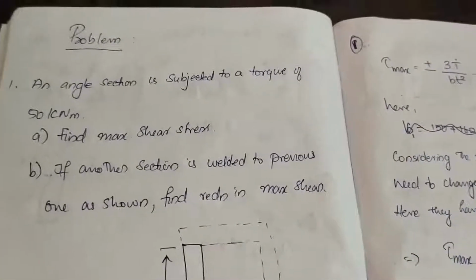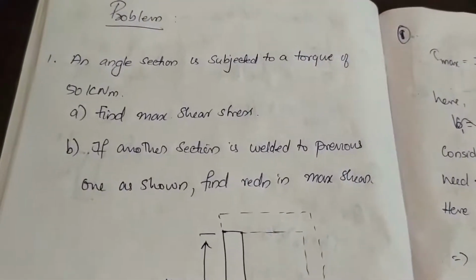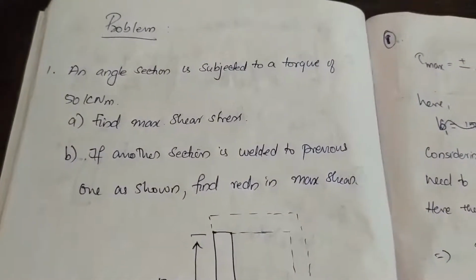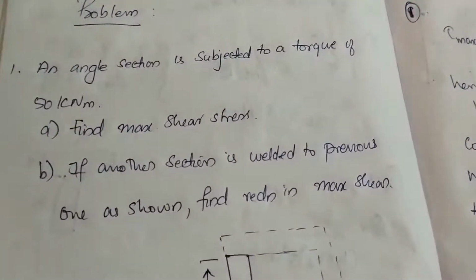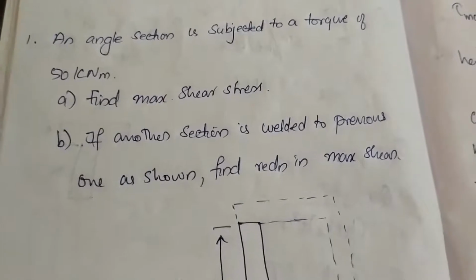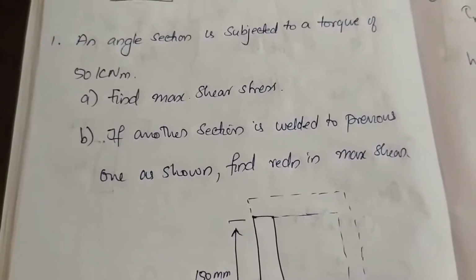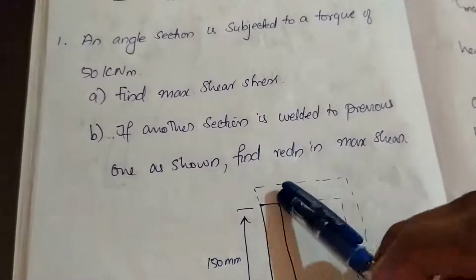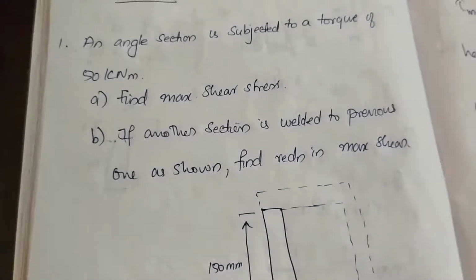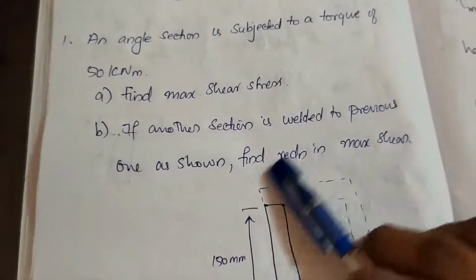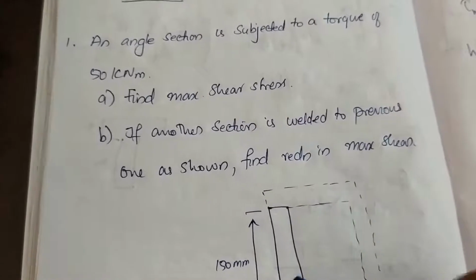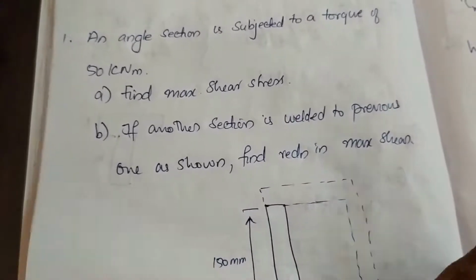An angle section is subjected to a torque of 50 kilonewton meter. Find the maximum shear stress. If another section is welded to the previous one as shown, find the reduction in maximum shear. So here there is an angle section given a torque of 50 kilonewton meter. What will be the maximum shear stress that it can hold?